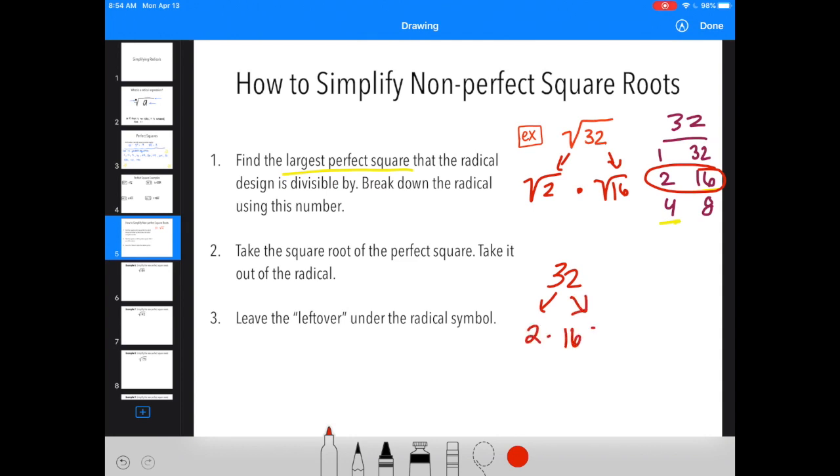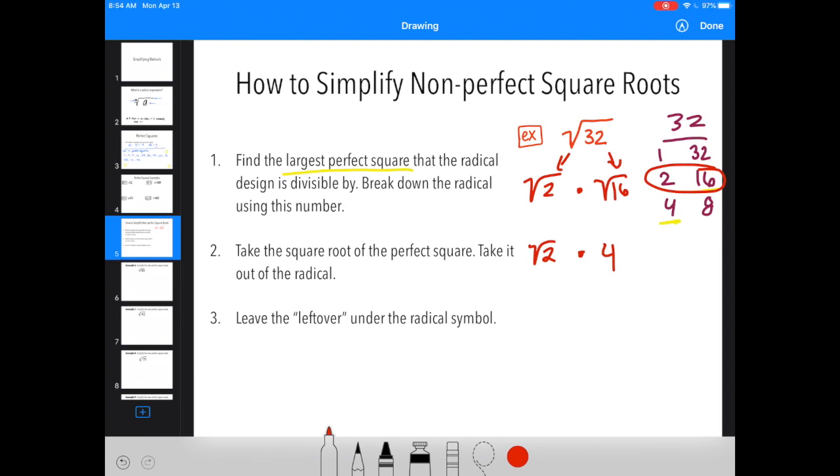Okay, well, 2 times 16 also equals 32. So it's the same thing, same answer. We break up our previous radicals so we can simplify certain portions. So does the square root of 2 simplify to a whole number? No, it doesn't. So I'm going to carry that down. Does the square root of 16 simplify down? Yes, the square root of 16 is 4.